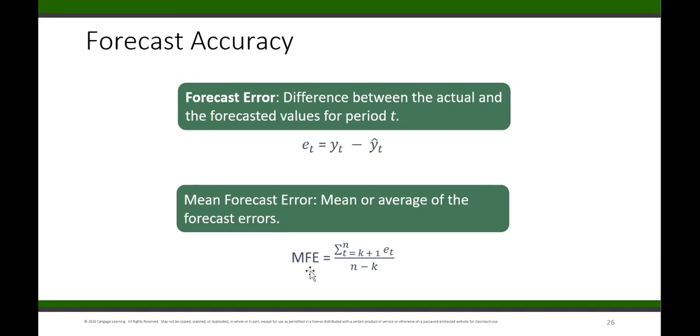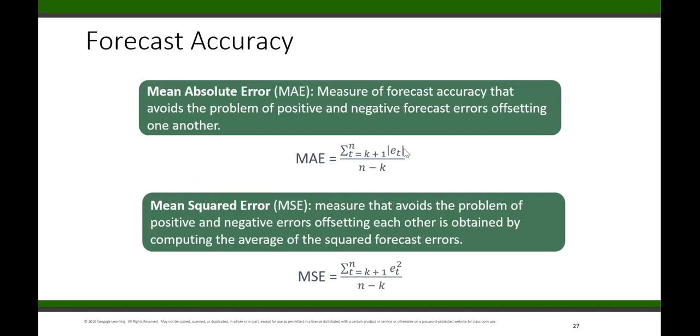Instead, if we make sure that the absolute values of all the forecast errors are considered in finding the forecast error measure, and we take the average of absolute values of errors, we get a measure called mean absolute error, MAE.